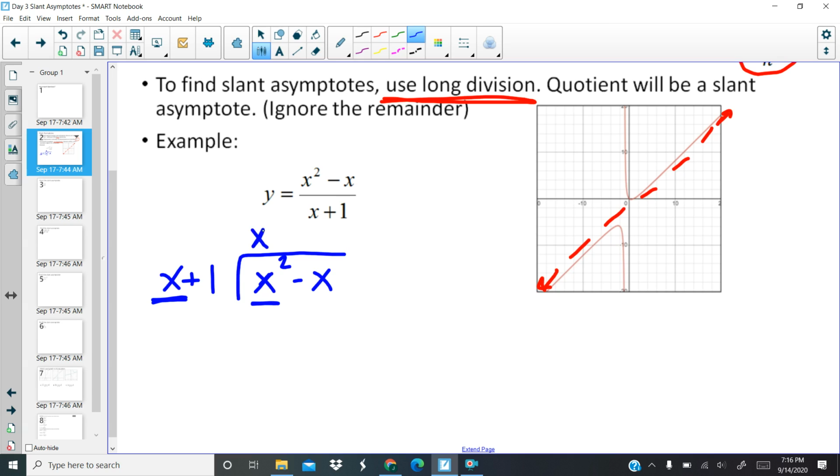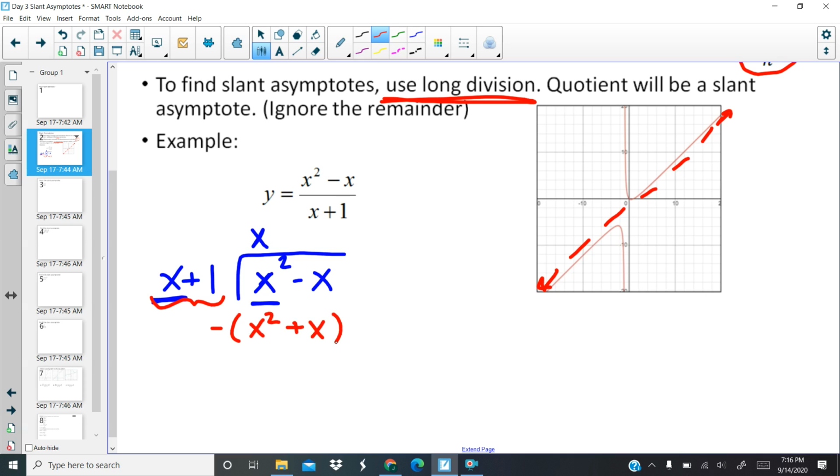And so then you have to multiply the whole piece on the outside, the whole x plus 1, times that x and subtract it from what you have on the inside. So x times x is going to be x squared, and x times 1 is going to be x. And so that's what we're subtracting.